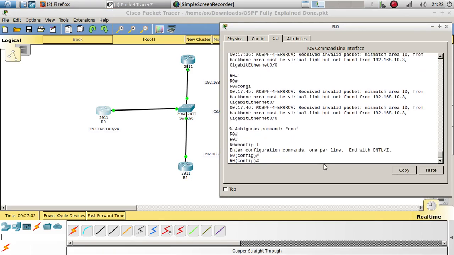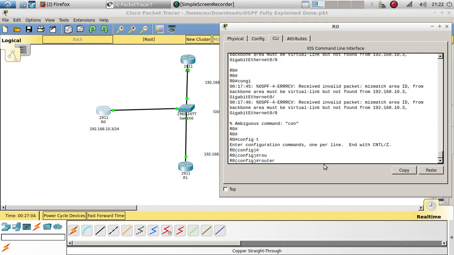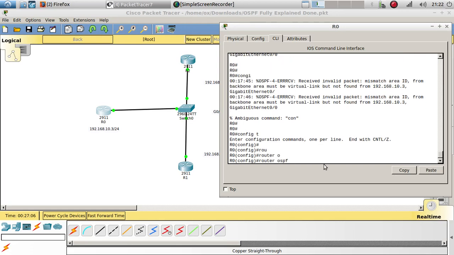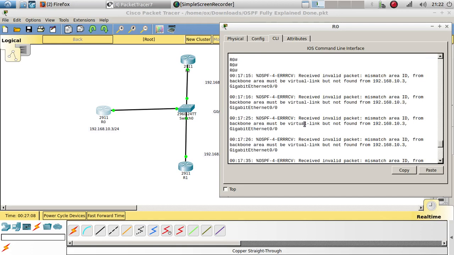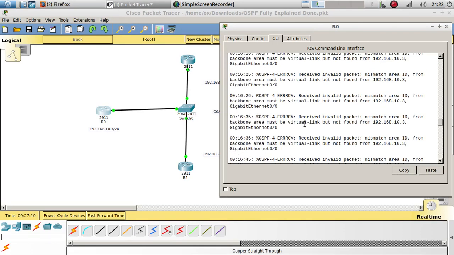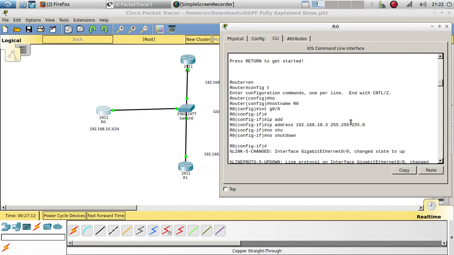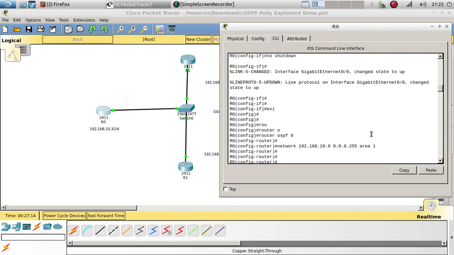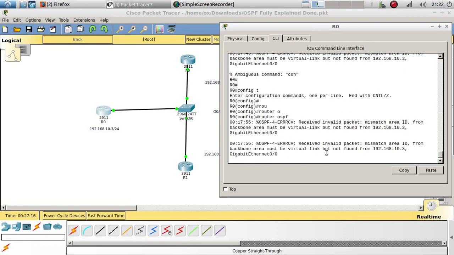Config T, router OSPF, what was that we gave it? OSPF area 1. Let's put it on area.